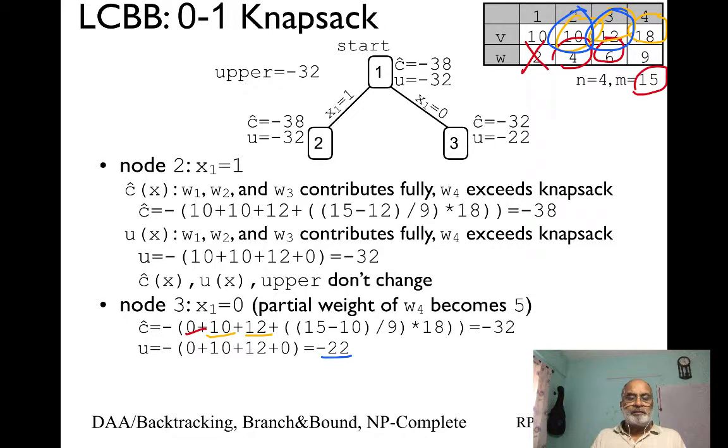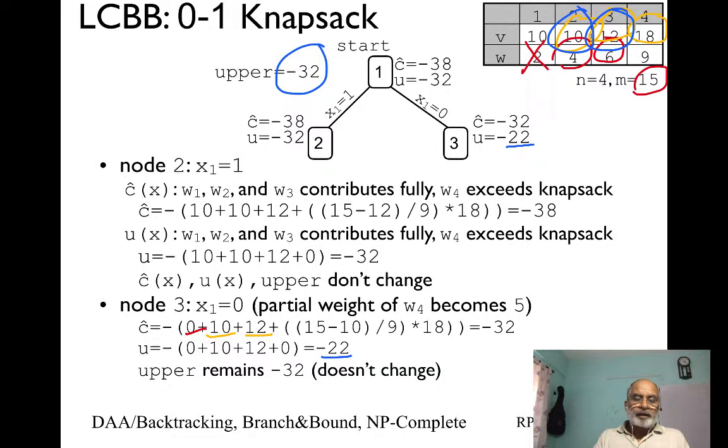So put it together, my cost is minus 32, my upper bound is minus 22. Now this minus 22 is greater than minus 32, so my upper bound does not change. At this point in time, my live nodes are 2 and 3, and this is how they have been added.